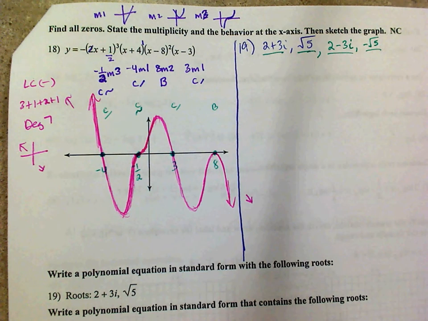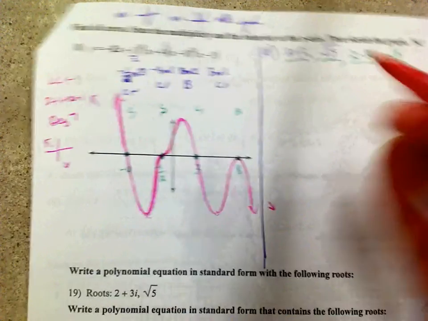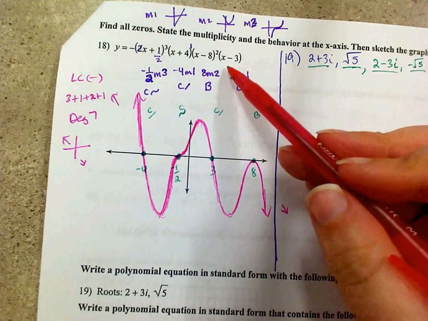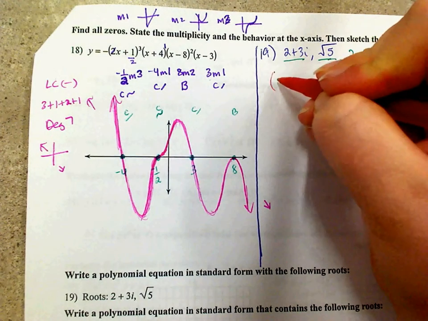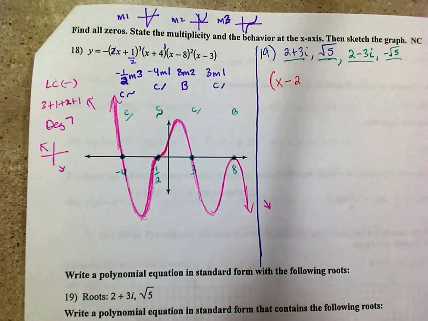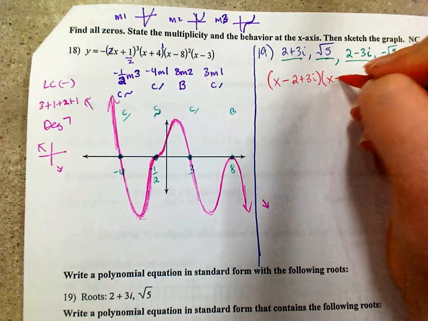If I said the root was 3, then you would say the factor is x minus 3, right? So what we do is we subtract the root. The factor is x minus. Now, I'm going to write x minus 2 plus 3i and x minus 2 minus 3i. If I put parentheses around the 2 minus 3i and the 2 plus 3i, you would distribute this negative.